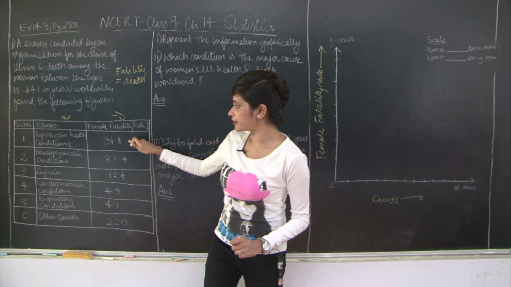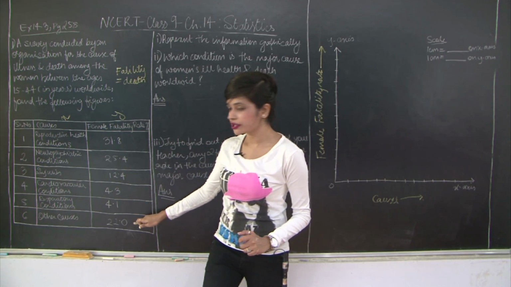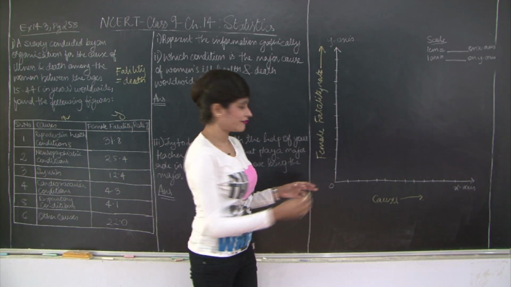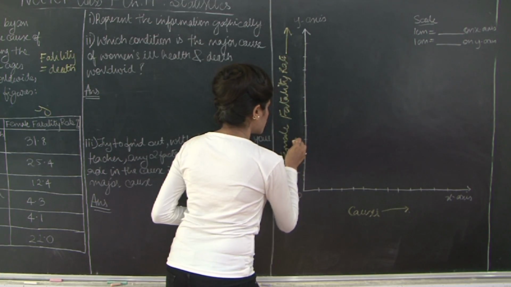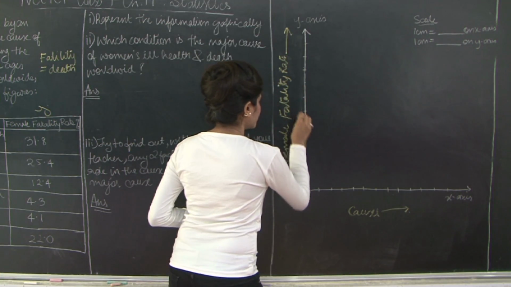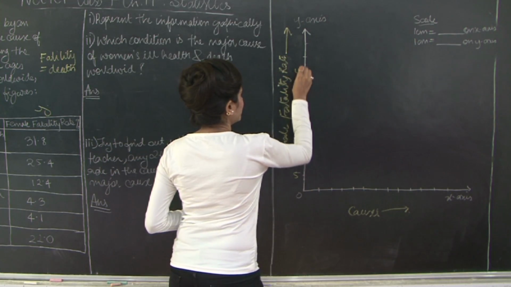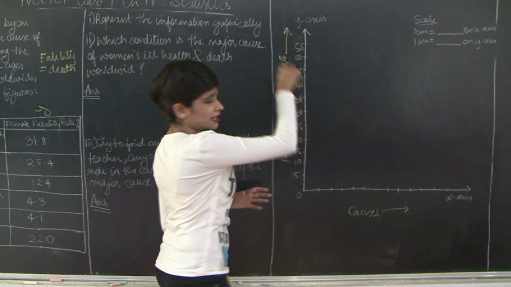Now for these values, 31.8, 25.4, 12.4, 4.3, 4.1, 22.0, I will take units of 5. So 5, 10, 15, 20, 25, 30, 35, 40, 45, 50, 55. And you can keep going on and on.